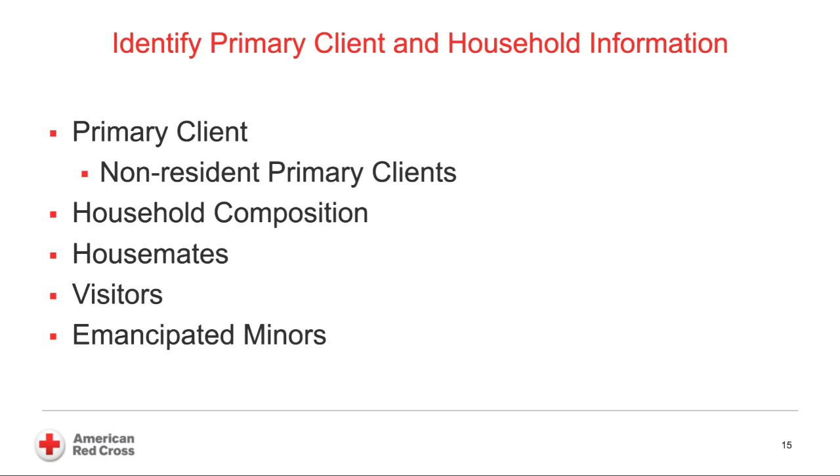Another one to keep in mind and understand is the non-resident primary client, and understanding that in this situation, there is no adult in the household that's available to serve as the primary client on a case. This individual may not reside in the pre-disaster home, but needs to be identified as the non-resident primary client.